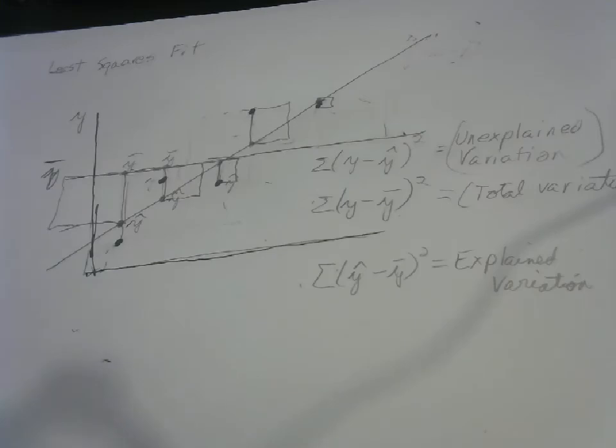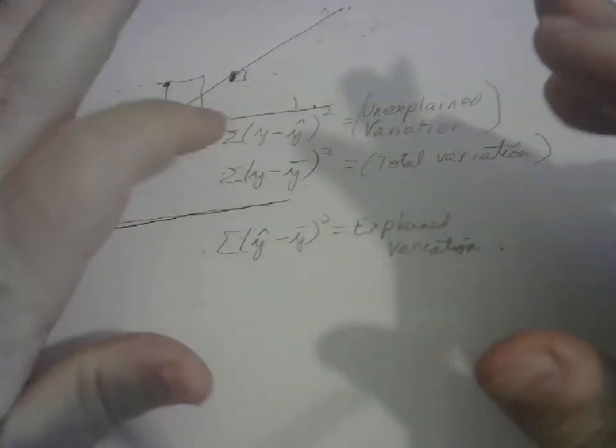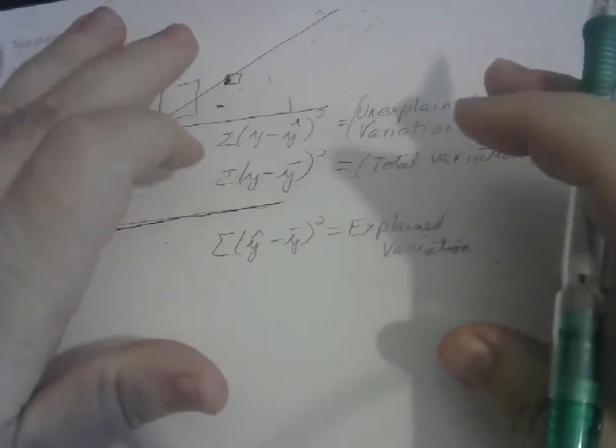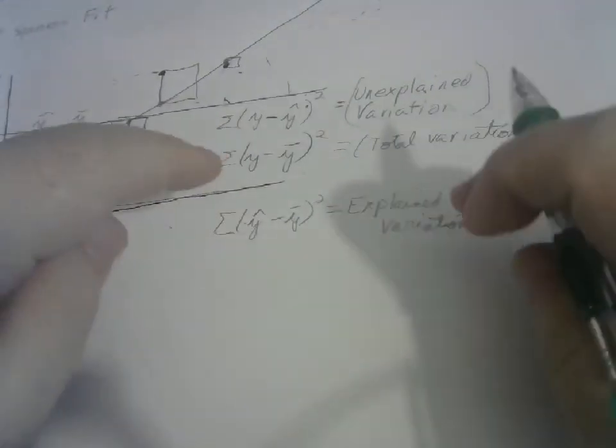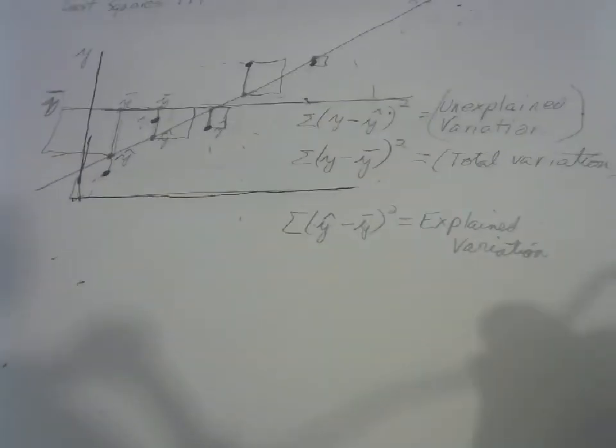Now, I'm not going to try to prove it, but the total variation is equal to the explained variation plus the unexplained variation. They actually end up coming out to a nice, neat sum.